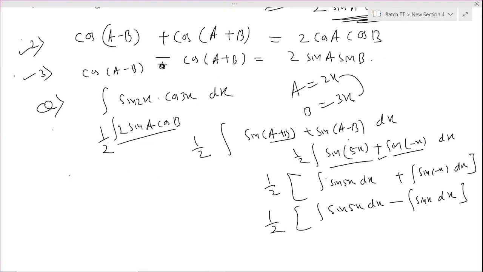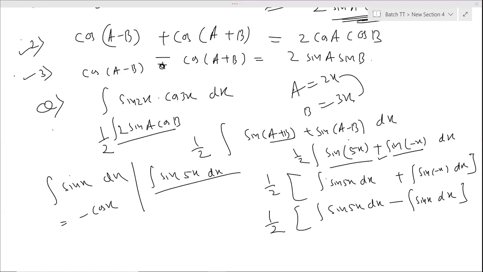Now we know the integration of sine x is minus cos x. What happens if I replace x with 5x? Can anybody tell me? I have told you about this in the previous class. Yes, we can take 5x as t, substitution.